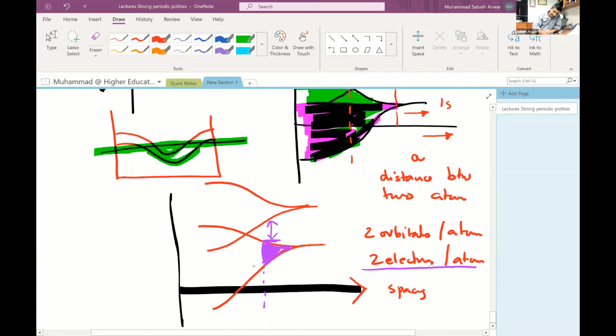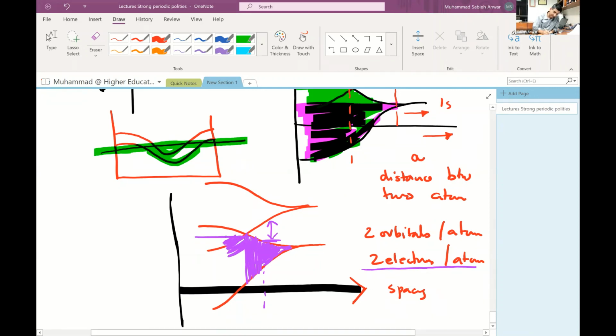If the atoms get closer at this range, still I have an insulator. But at this point, what's going to happen is I'm going to make a transition from an insulator to a metal. And if I go further close in terms of the spacing between the atoms, then both of these levels are going to be occupied.